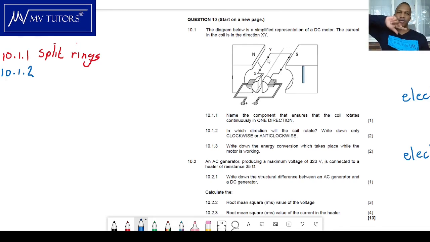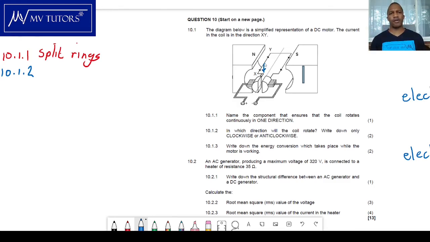Which means my thrust is moving downwards, because my current is moving towards you, towards the screen, and the field is moving north to south, from left to right. That's my magnetic field, which means on this side the thrust is moving down.